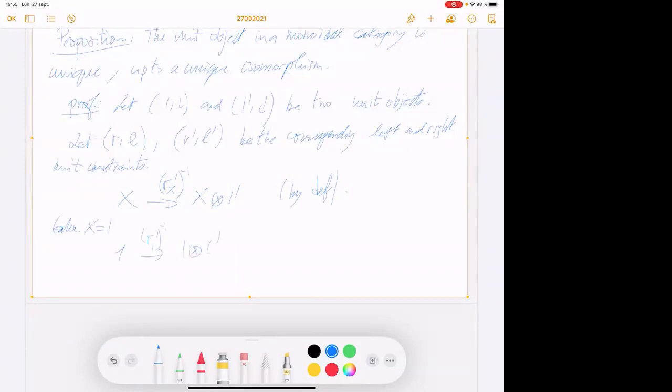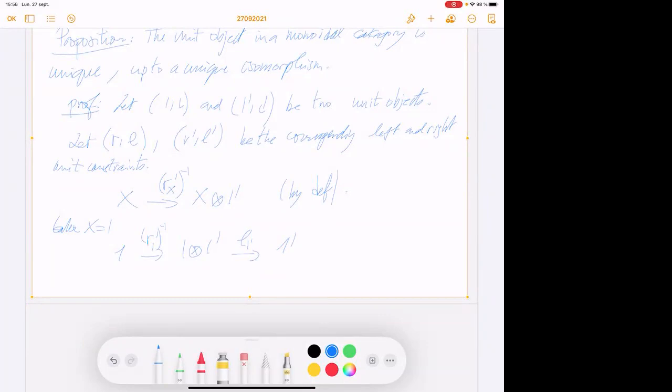And then you just apply L1 prime. So now you remove the one on the left and you get 1 prime. Okay, so now we get what we wanted.